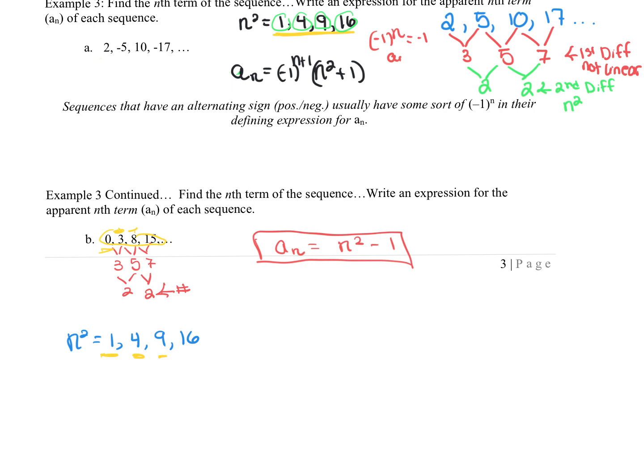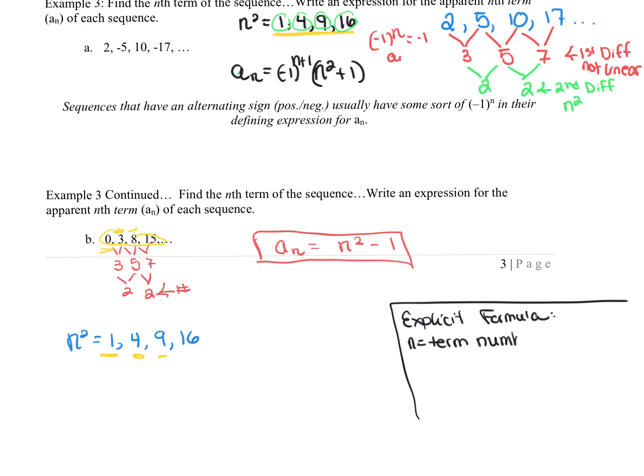So all of these formulas on this page are called explicit formulas. What an explicit formula does is that whatever term number you want, you plug that in. So n equals your term number: 1, 2, 3, 4, 5, 6, whatever it is.